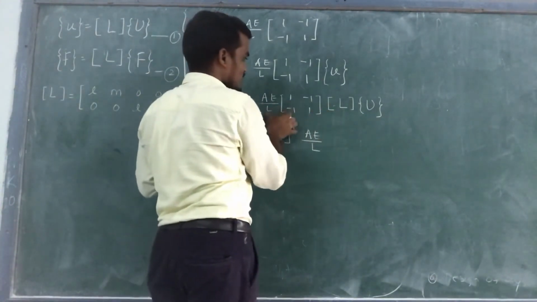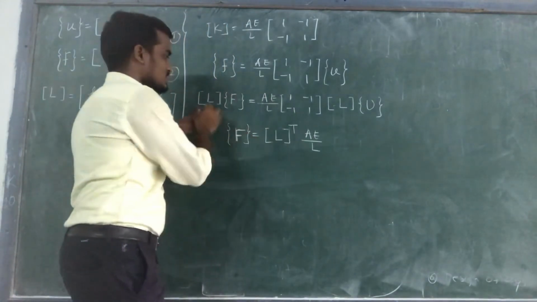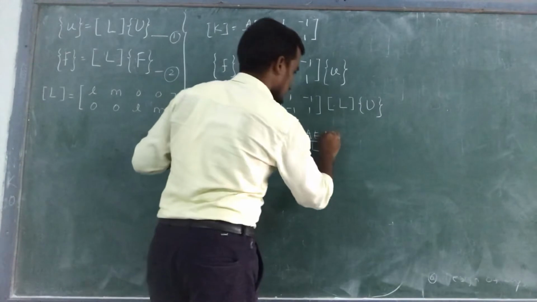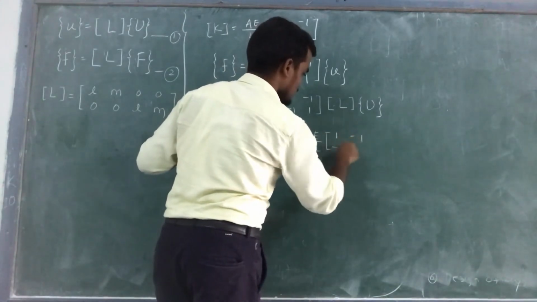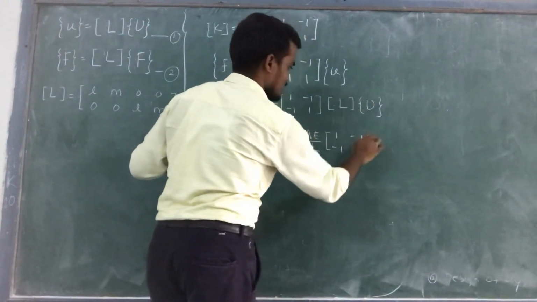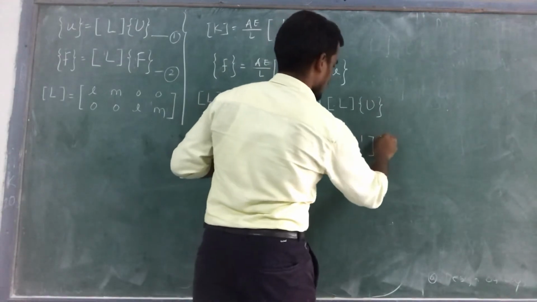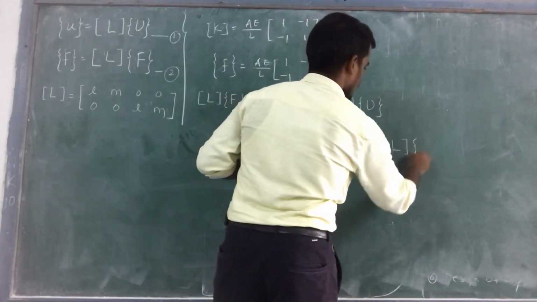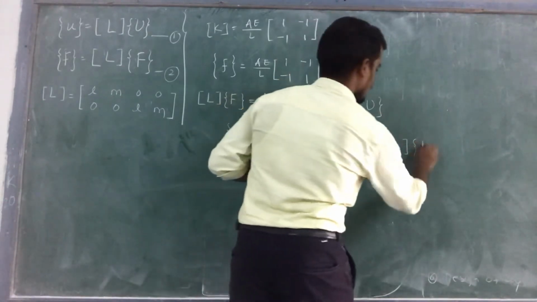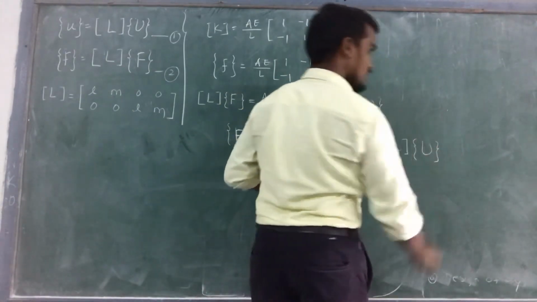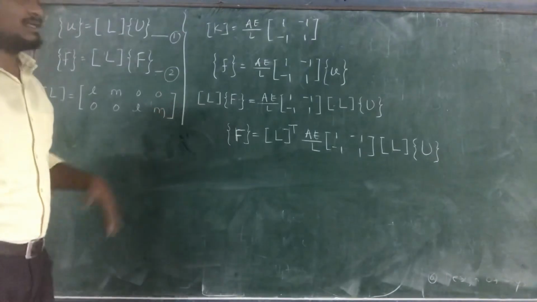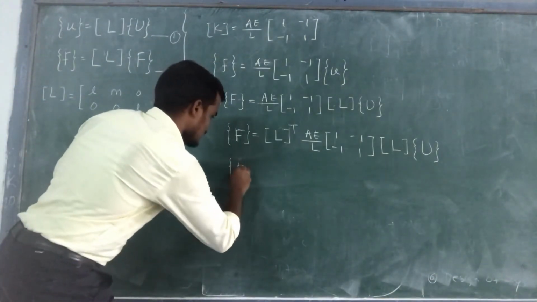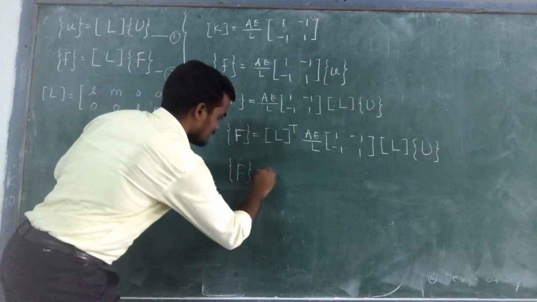So it should be L transpose into AE by L into [1 -1; -1 1] into L into U. From this you will come to know that this is your global force vector.